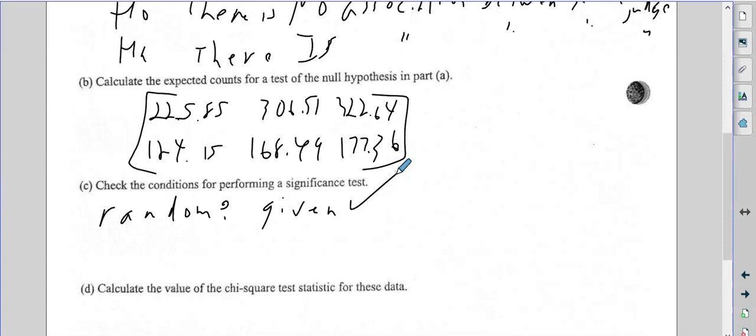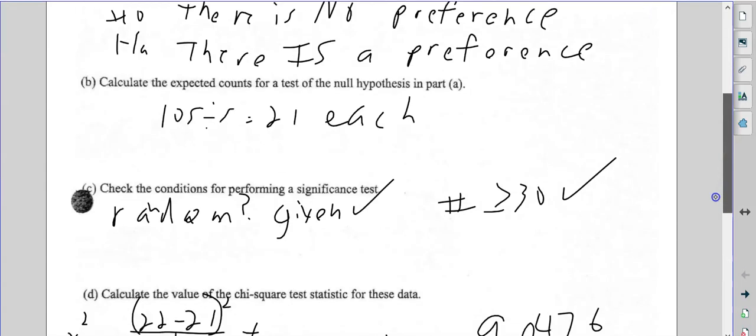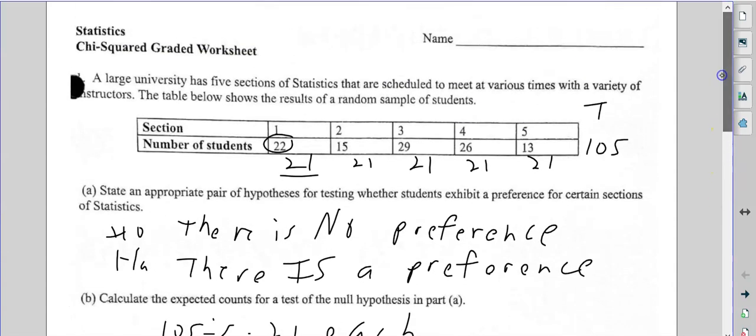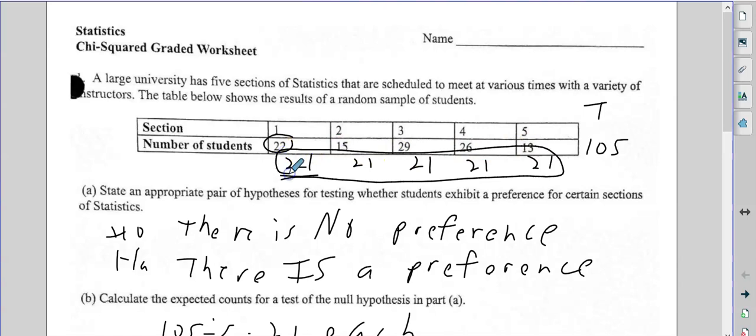All right. And all of our expected, I was not using my brain before. So when we're doing it here, it's not based on the number, it's based on the expected counts. So on this previous page, I messed up, I apologize. When I said greater than 30, my expected counts are right here, and those are all greater than 5, okay?